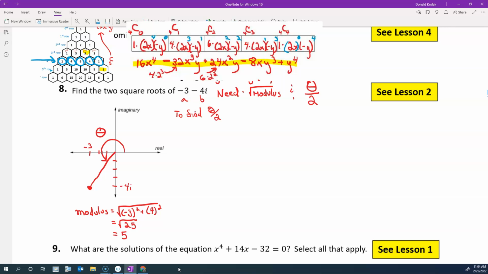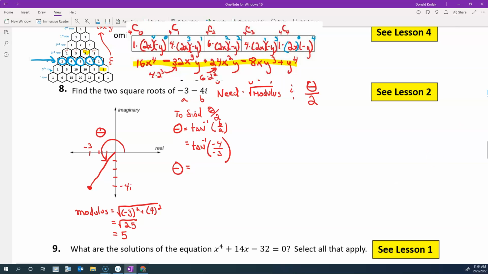All right, so we know that theta, the angle of rotation, is the arctan of B divided by A. So the arctan of -4 divided by -3, which is just +4/3.